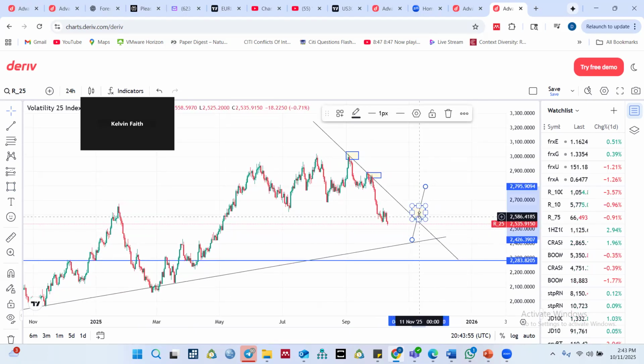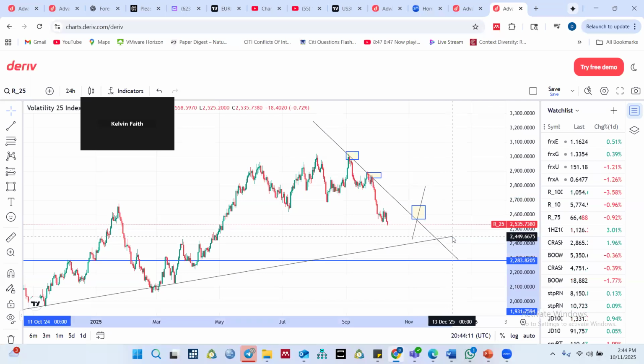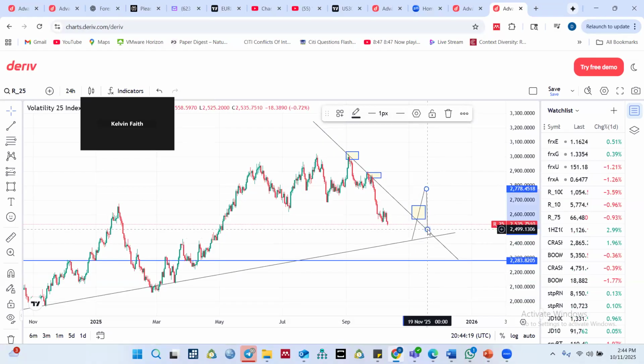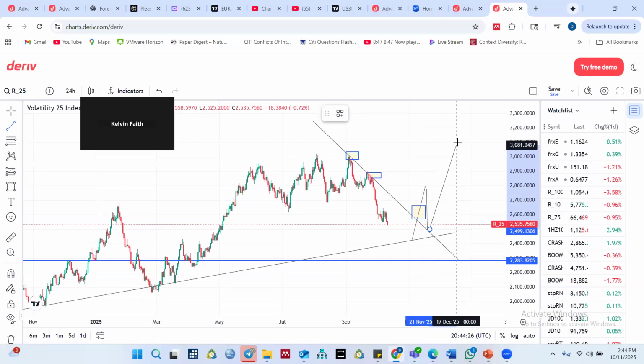So if we break or close a body above this trend line guiding this sell, it could be a fake break, and price will push back below it and keep selling, or it can be a valid break to the upside, drop back, and stay above it like this, and as long as it stays above it, it can go up. Do you guys get it?